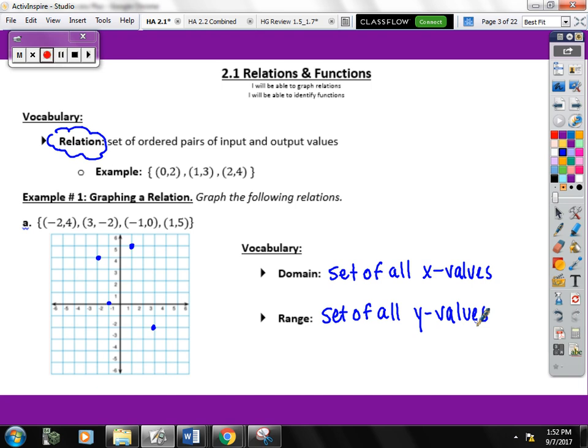Right now we're just doing them with ordered pairs, but eventually we'll get to the domain and range of a piecewise function. So we'll see holes in the graphs and stuff. It'll be fun.